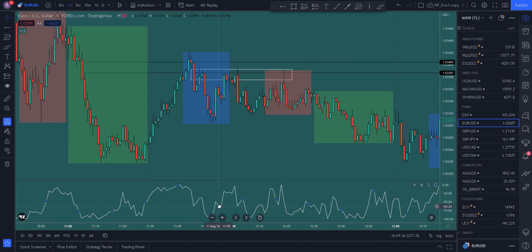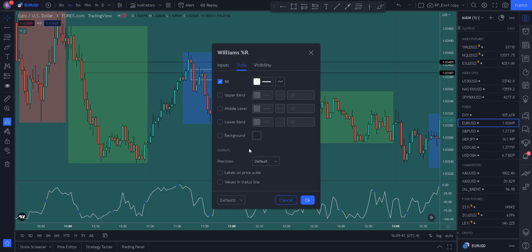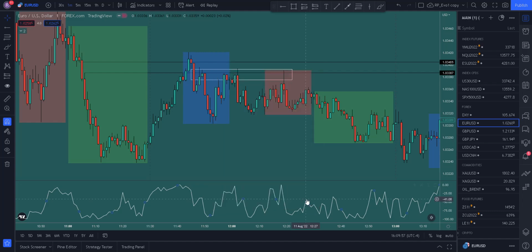Okay, so I'm using these inputs: length 12, source to close, fill the gaps, time frame chart, style just however you want it. I have all of this off. All I care about is this line here. Again, I did a lot of back testing and forward testing with RSI. It did not really work that well, but Williams is helping a lot.